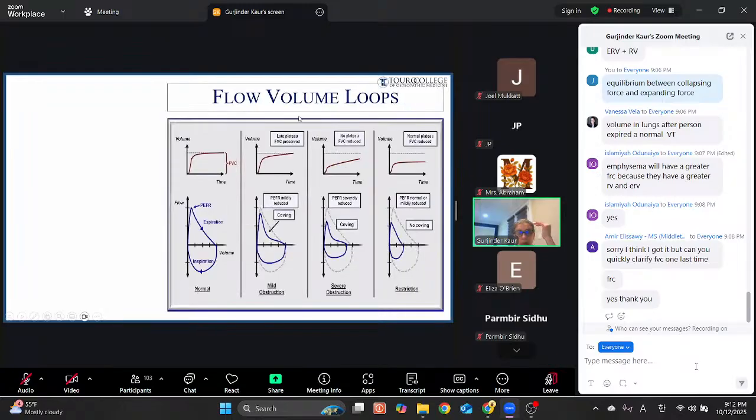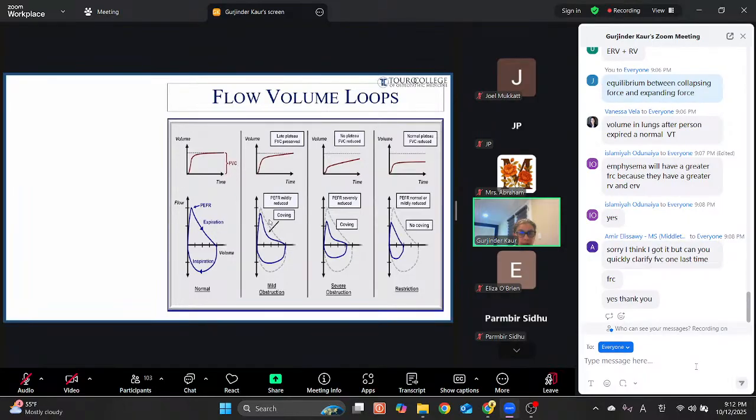Now, if we go here, you can take a peek. This is a normal person. This is how the curve would look. But in case of mild obstruction, you will see this coving because they are having a hard time breathing this air out. The expiration curve. And overall, if you see, their vital capacity is low, right? As this dotted line is normal, right?